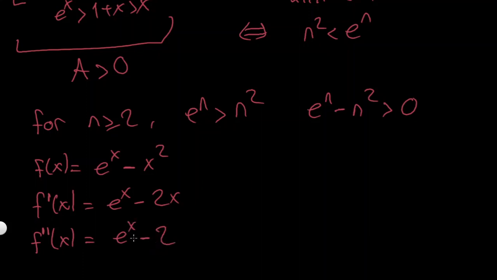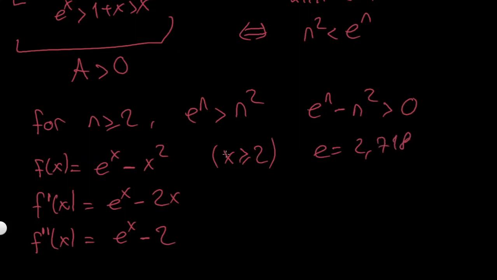Okay, here, I said that n is greater or equal than 2, so x is also greater or equal than 2. I'm just dealing with this part. It doesn't have to be true for each x. And so here, I know that e is approximately 2.718.